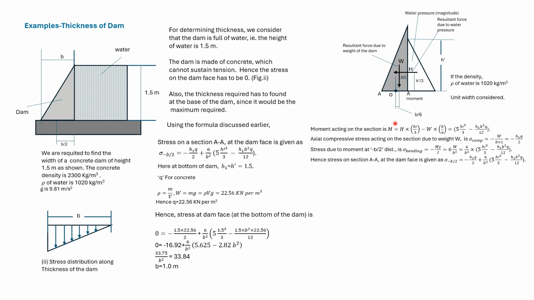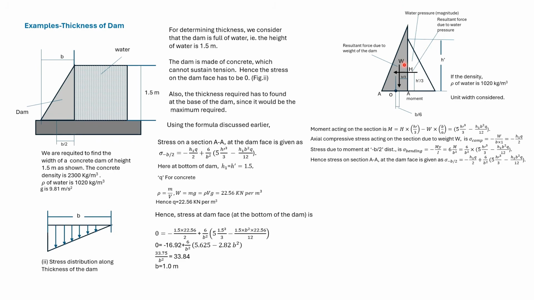So this is the moment acting at O. Using this value of rho and rho g h, we find this capital H as 5H dash square, where H dash is in meter. And W, the weight here, is H1 B rho divided by 2. So we get this expression of moment.